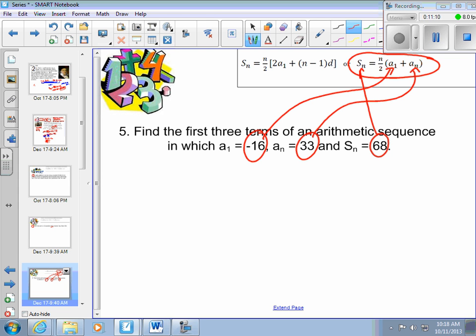So doing that, we have sum is 68. N we're not sure of. First term, negative 16. Last term, 33. So doing a little solving, if we add the parentheses together, we're going to get a total of 17.